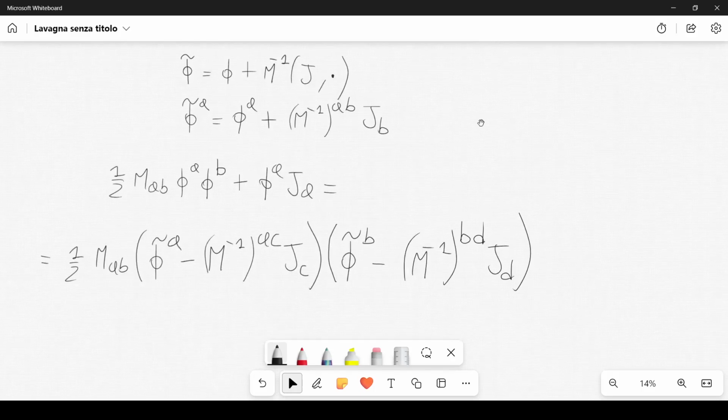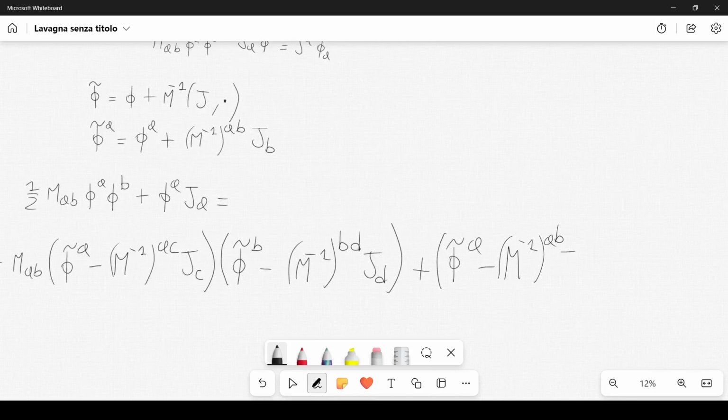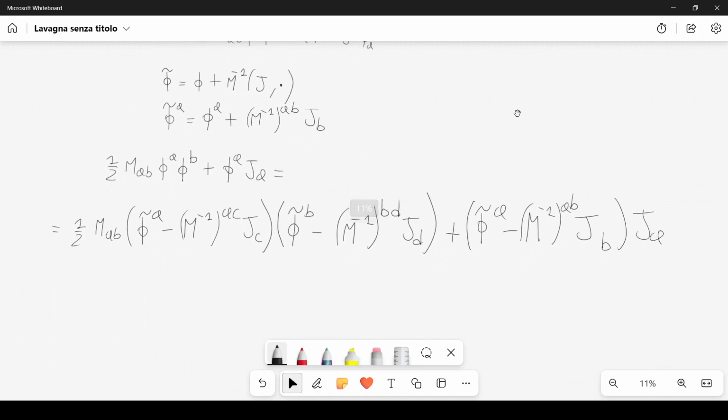And then, of course, we have phi tilde_A minus, here we can also put M inverse_AB J_B. We can use B in this case because there is no ambiguity, since this is not multiplied by anything else. And then we have J_A, like this. So we can work out the details.